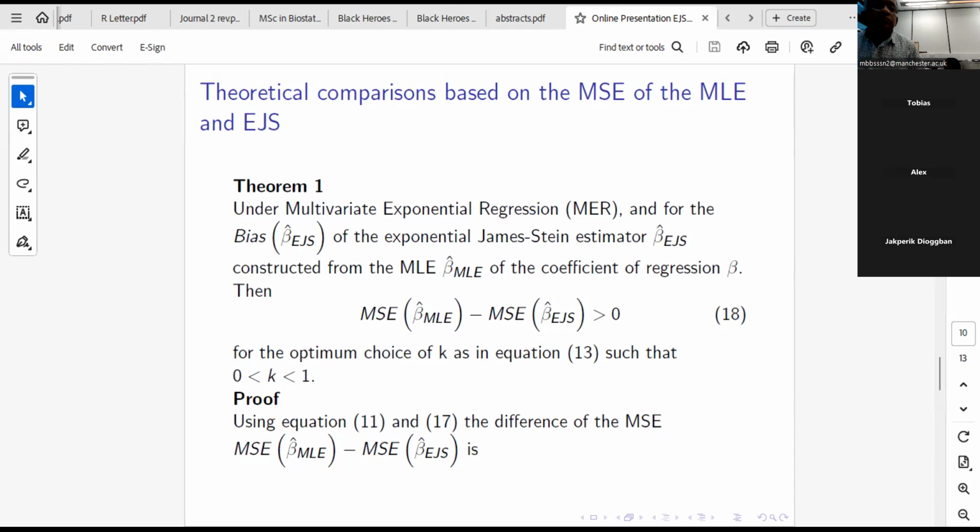Thanks for asking that. I did simulations, though I didn't finish because I wanted to compare not only with the maximum likelihood estimator. I guess this exponential regression would have other biased estimators apart from the James-Stein estimator.